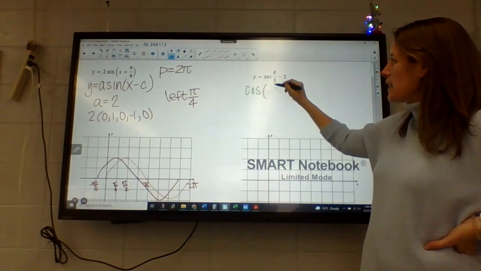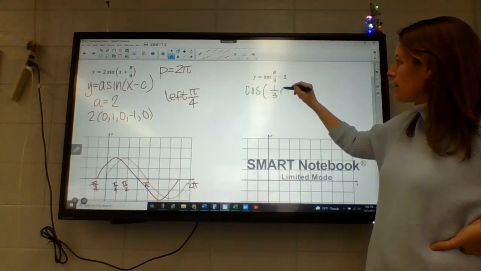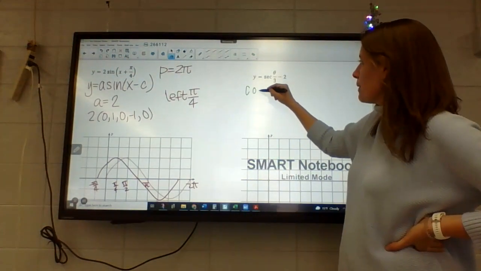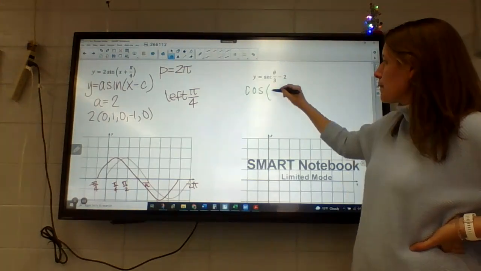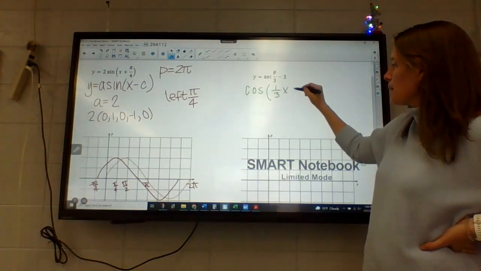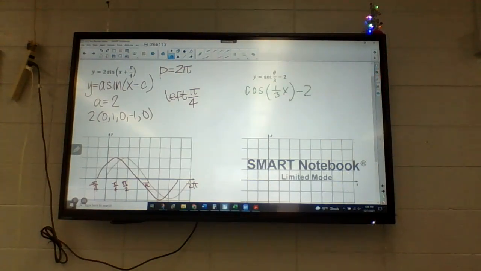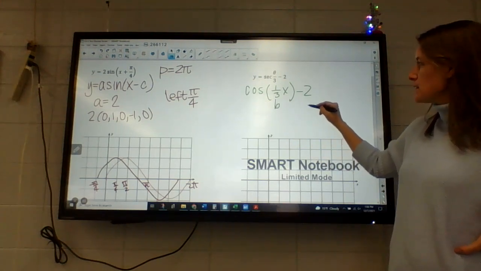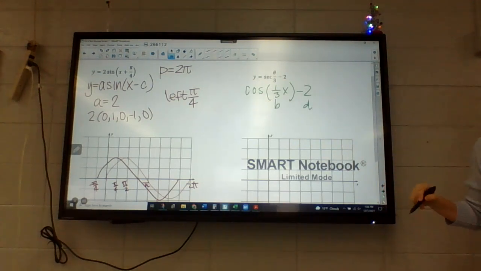And this is the same thing as 1/3 theta, or 1/3 x. So that's actually my b value. And then this is d.